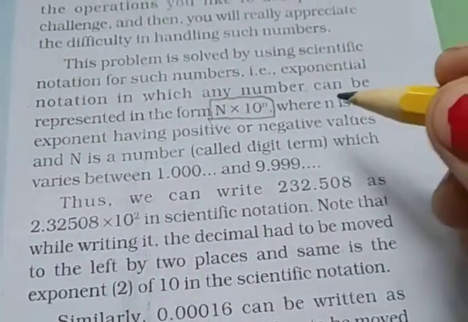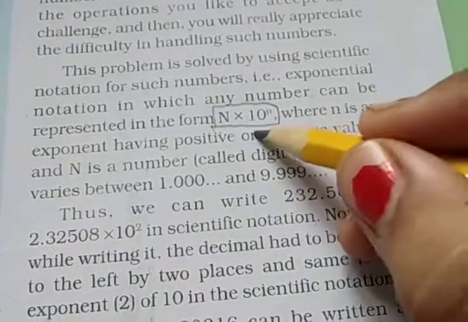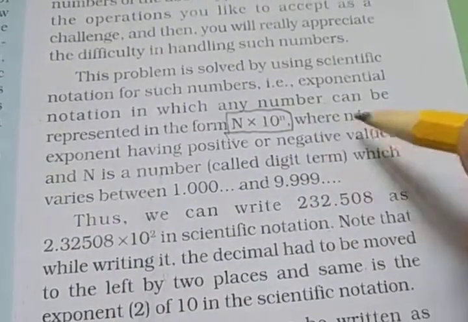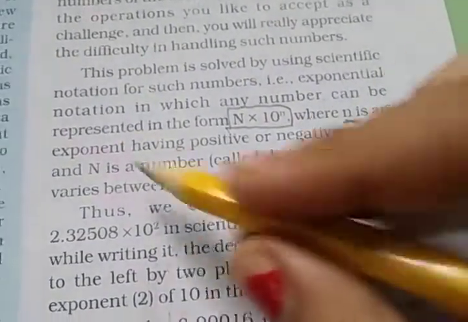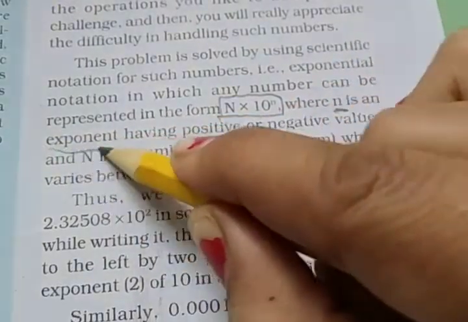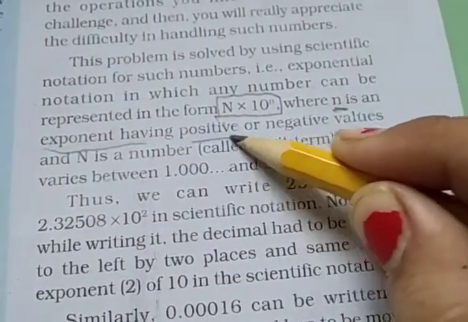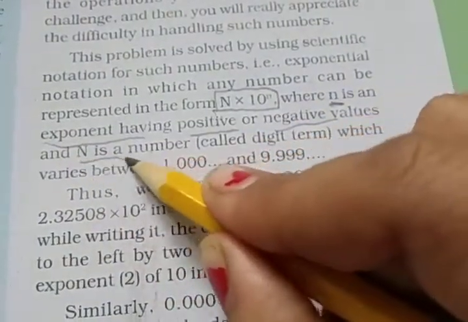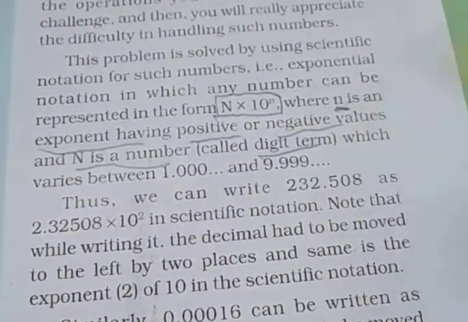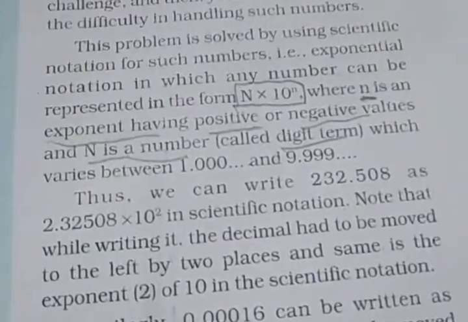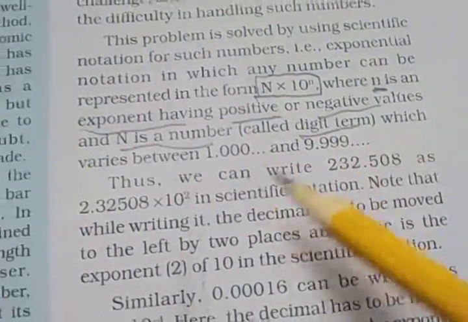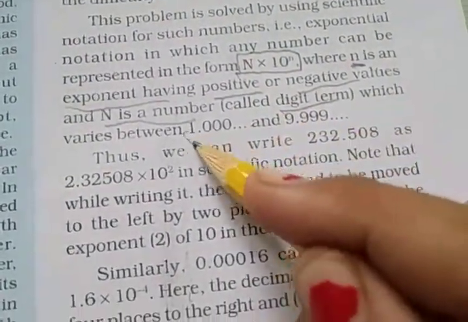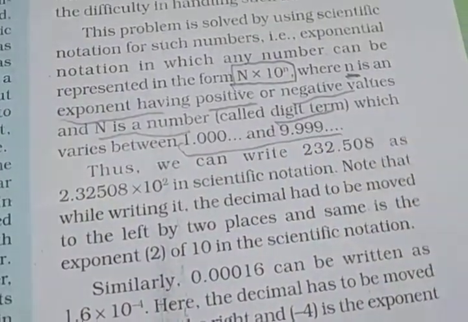Small n is the exponent, that is the power, and it can have positive or negative values. Capital N is called the digit term, and it varies between 1.000 and 9.999.